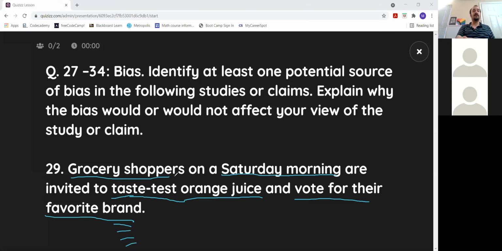And you're in a grocery store. So I think those are the things they're hinting at that give me a selection bias. You're not going to get those people that are hungover, right? They're not coming out to shop early Saturday morning. You're also getting people that are at the grocery store.